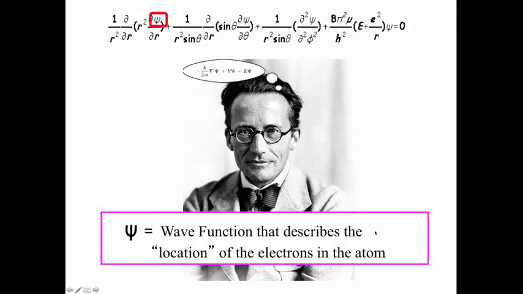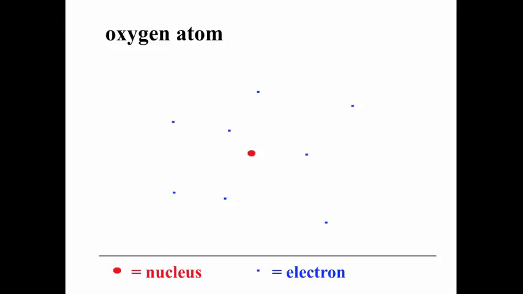The wave function describes what the electrons in the atom are doing, and in a sense it describes the location of the electrons in the atom. More on that very soon as to the meaning of it. So essentially solving the Schrödinger equation gives us information as to what the electrons in an atom are doing, and we'll look at the results of this.